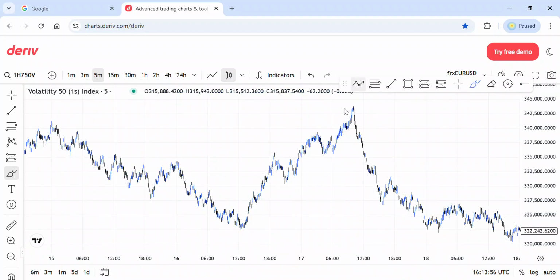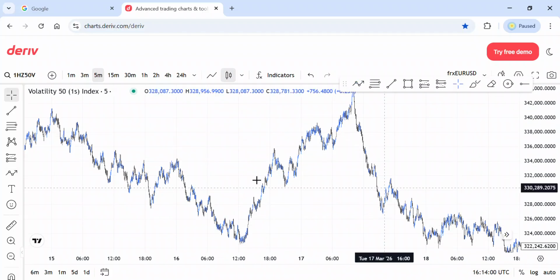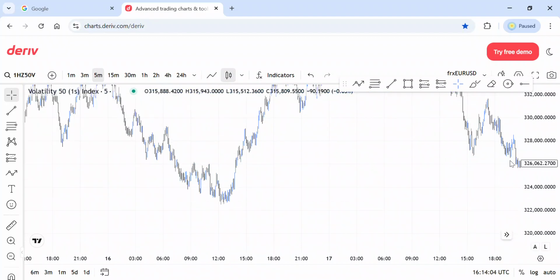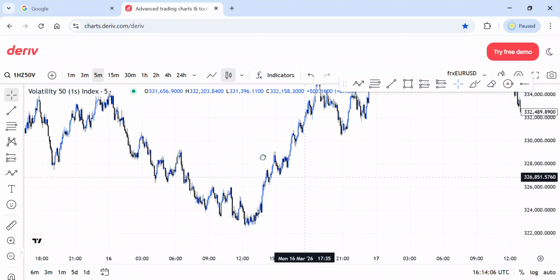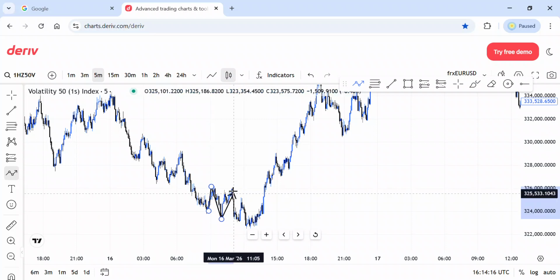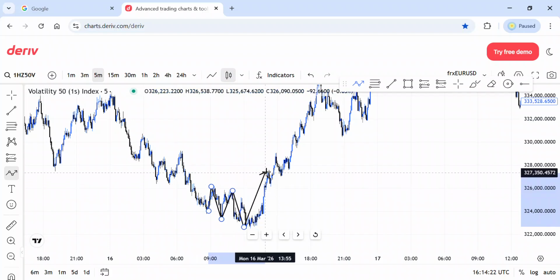I need to zoom this. Then we have this low here on 5 minutes. We had this high, we had this low, we had this lower high, then we had this lower low. The market broke out from this lower high to the upside.